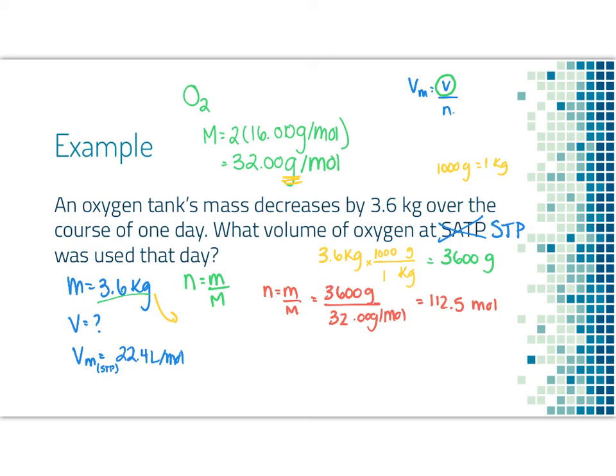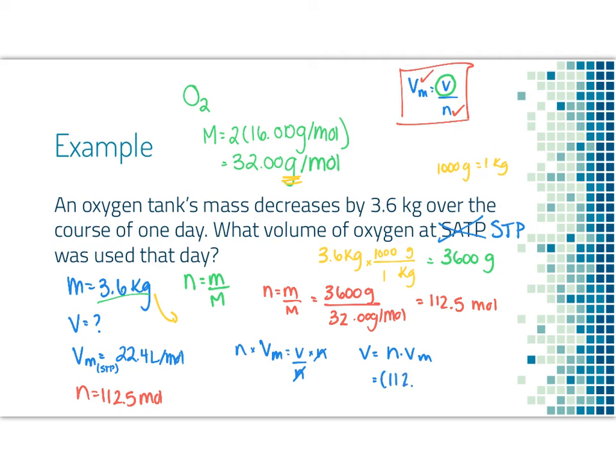So I am now ready to look at my VM formula because I have moles, I have molar volume, and we can now solve for V. So Vm is equal to V over N, multiplying both sides by N. I get that V is equal to N times Vm.